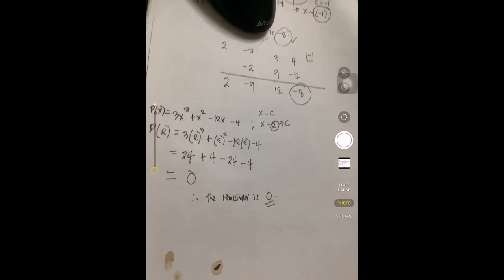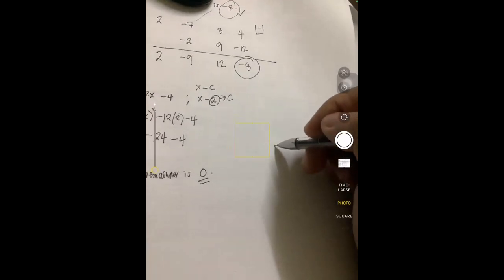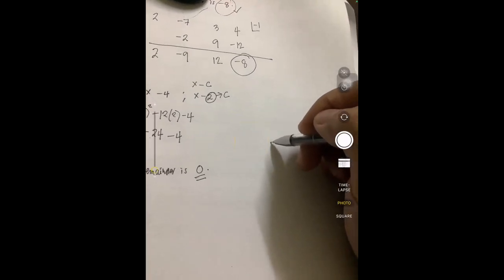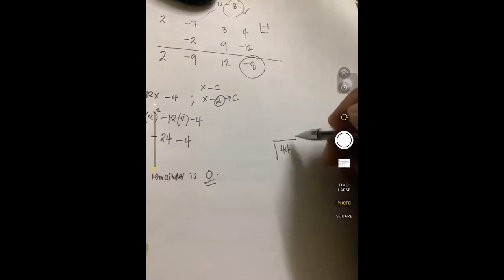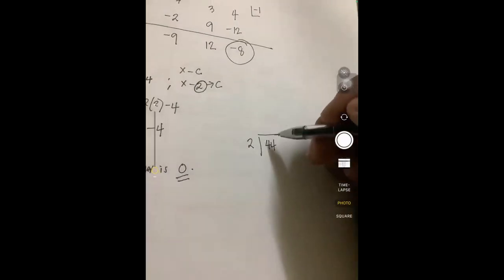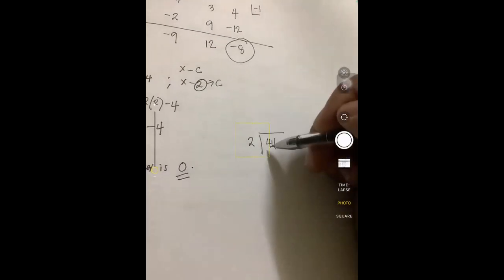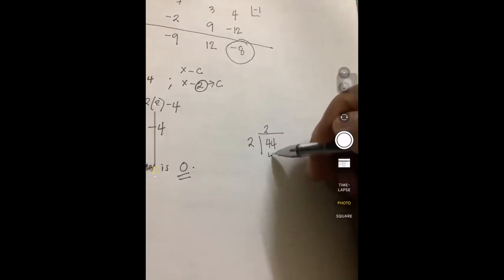So, i-explain natin. For example, I will be using a particular number. So, for example, I have here 44 divided by 2. If I divide 44 by 2 using long division, diba, 4 divided by 2 is 2. 2 times 2 is 4. If you subtract, 0.